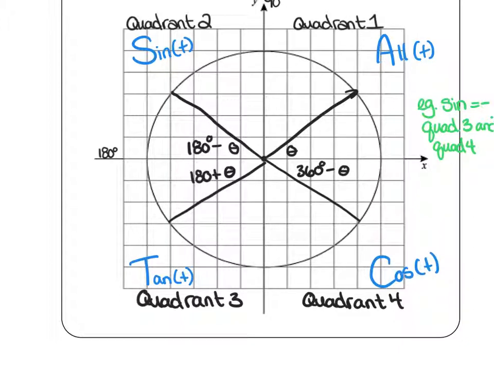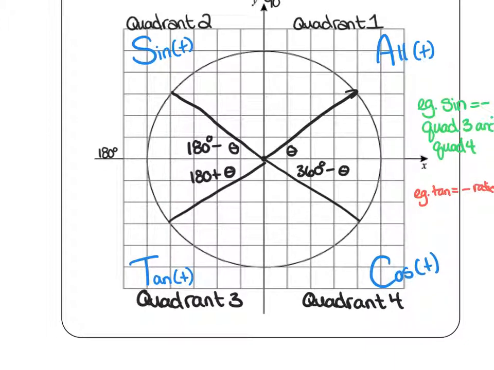Okay, let's do another quick example. Let's say that we know that our ratio of tan is negative. A negative ratio. Then I will look and see, well, where is tan positive? Tan is positive in quadrant 3 and quadrant 1.